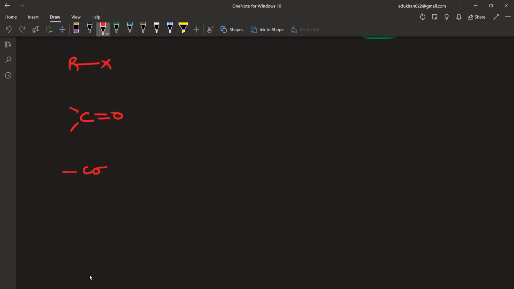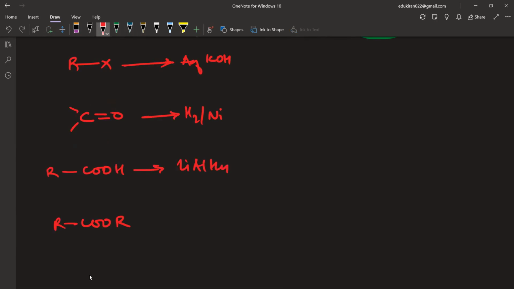If you have COOH and if you have RCOOR. So here we use aqueous KOH or NaOH. Here we use any reducing agent such as H2 nickel. Here we can only use LiAlH4, and here we use both LiAlH4 or sodium in C2H5OH.